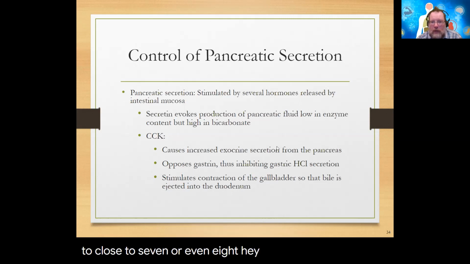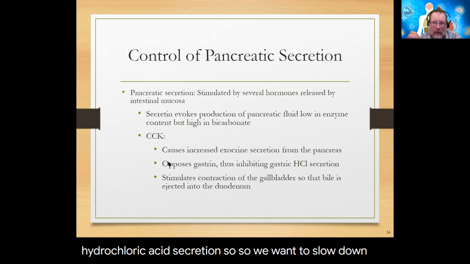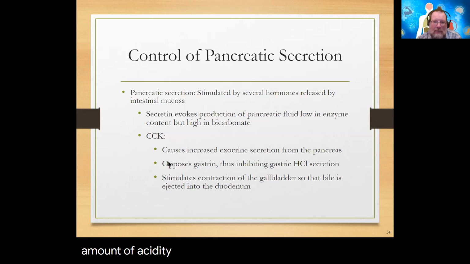Okay. CCK triggers the pancreas to release its digestive enzymes, its proteases, amylases, and lipases. It also inhibits hydrochloric acid secretion. So we want to slow down the amount of acidity that's coming in to the duodenum.